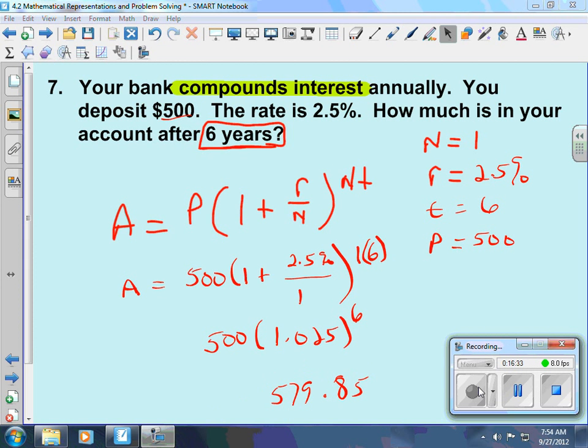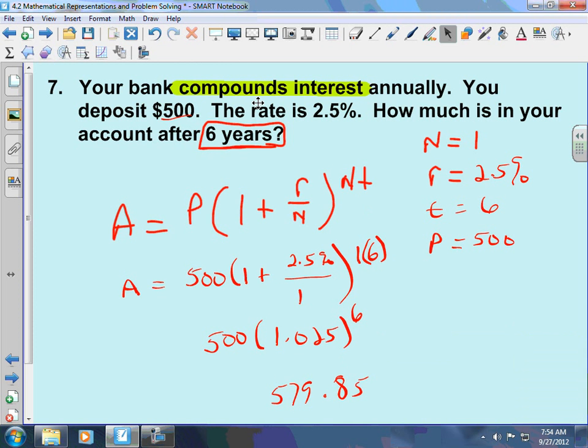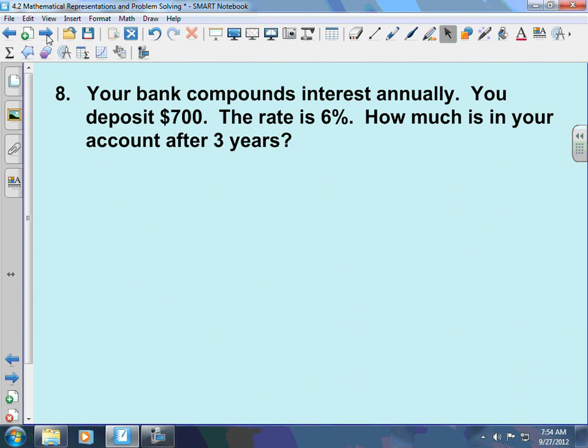Okay, now that seems very confusing. Please come and see me, and I will show you how to put this into my calculator so that on the test, you'll just put it right in. It'll give you the answer, okay? If you understand that, great. If not, come and see me.